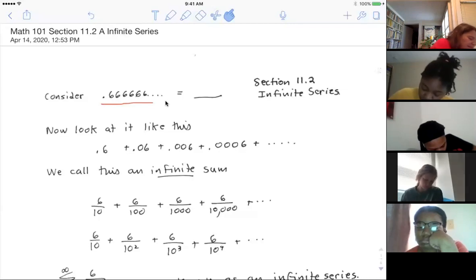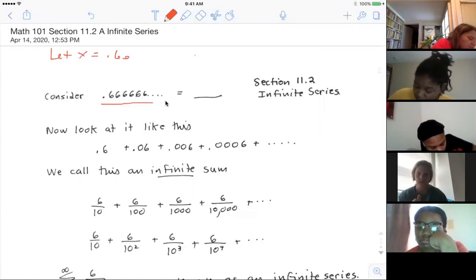If I said, let x equal 0.6666 repeating, okay? That's what I'm going to let x be. What would 10x be, guys?